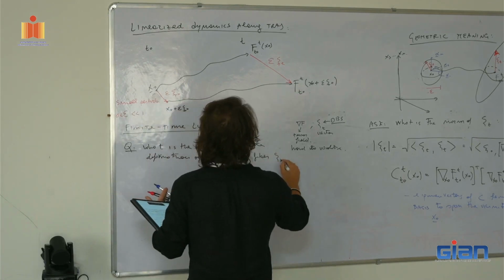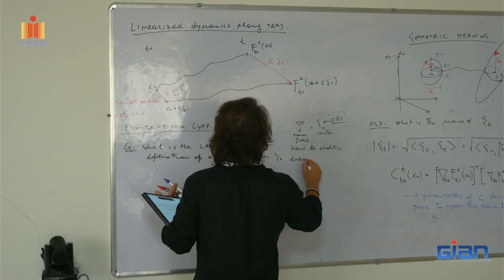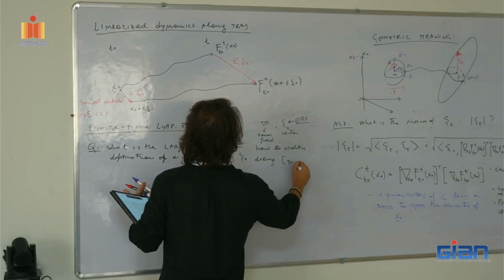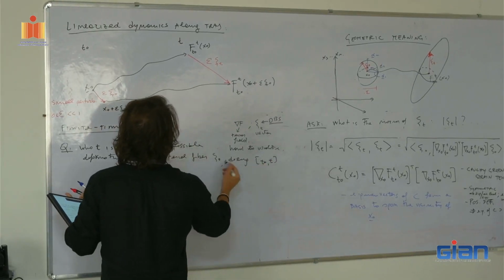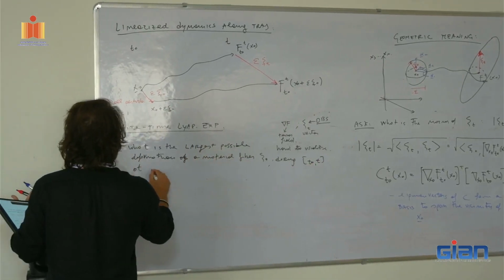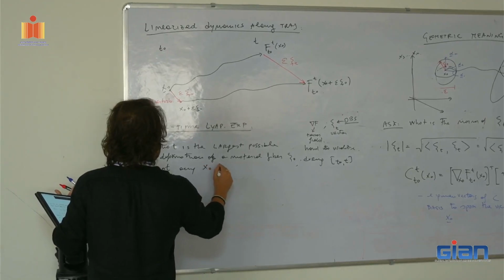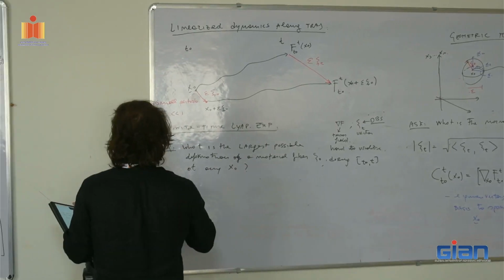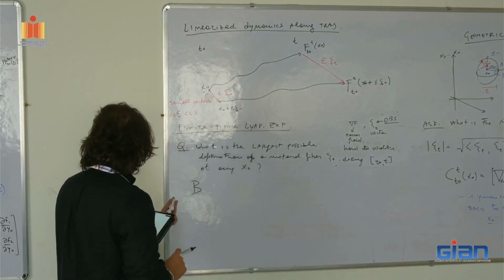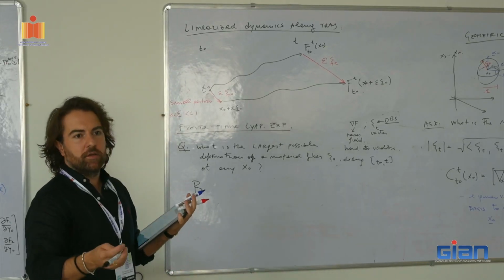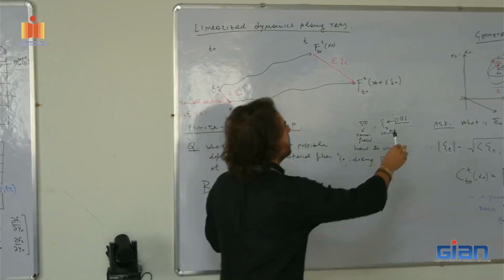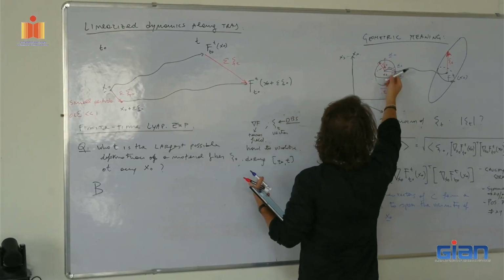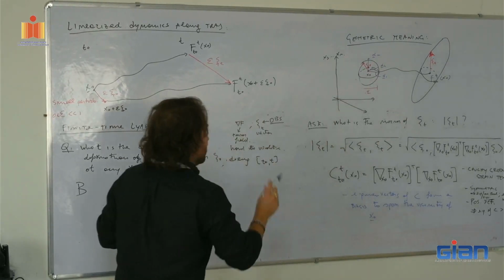zeta 0 during the time interval t0 to t at any point x0. Okay, so how would you do that? Let's define it. So B, now this is not going to depend on zeta 0 anymore, because I say, let me span all the possible zeta 0 in my neighborhood, at any point.